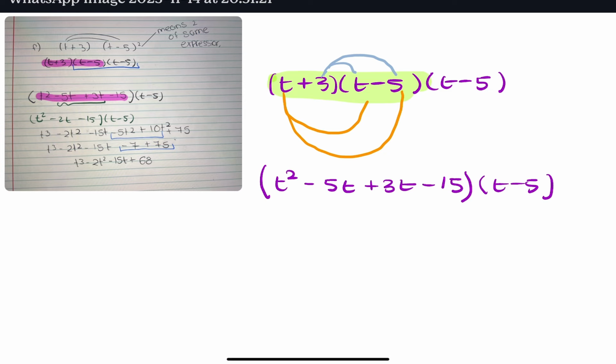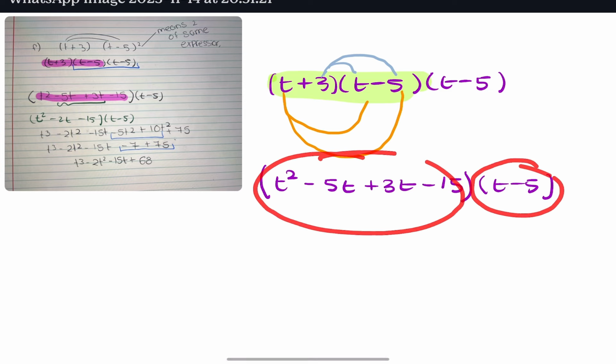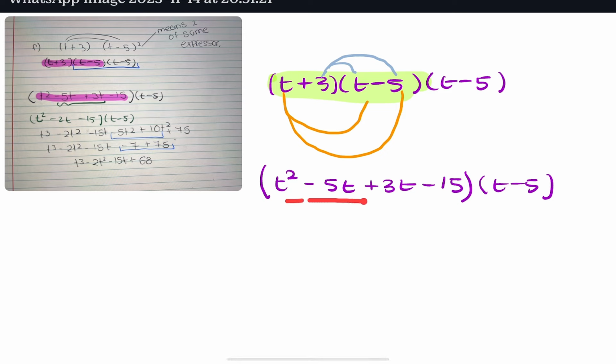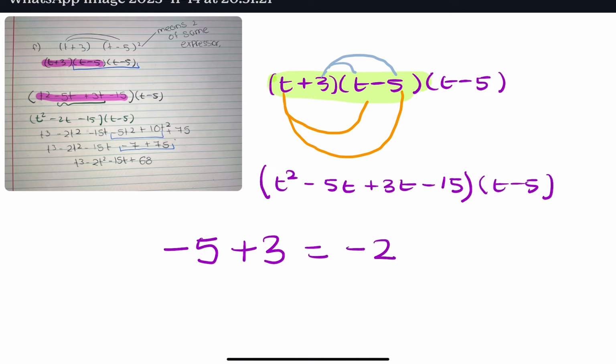Now, before we multiply all of this times this, we check, is there anything we can simplify here? Are there any terms which are similar? Now, t squared and 5t, you can't add them because they're different. But -5t and 3t you can. That's like saying negative 5 plus 3, which is negative 2.